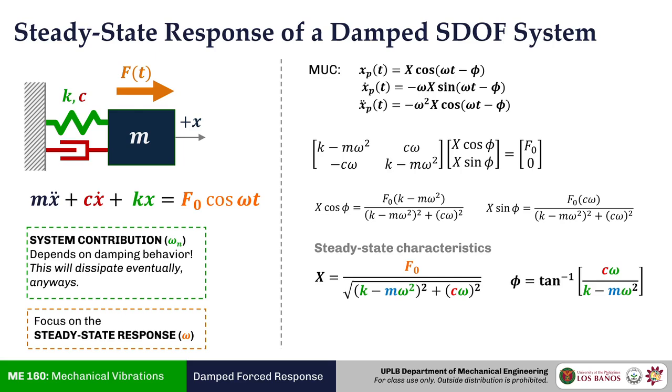So, itong formulas na to, these are in terms of the system properties and the excitation properties. We can actually re-express these or transform them into forms that use the damping ratio zeta and the frequency ratio r.